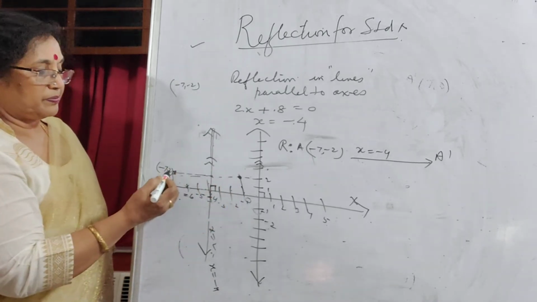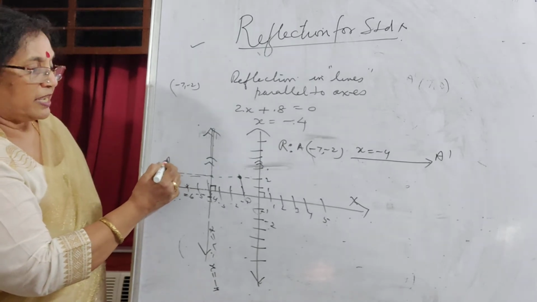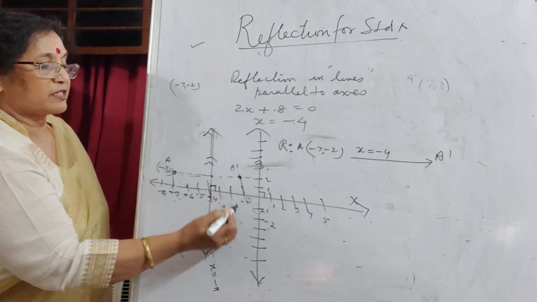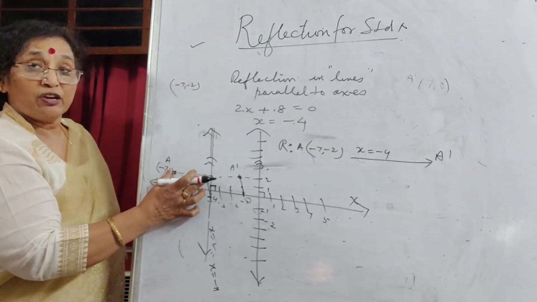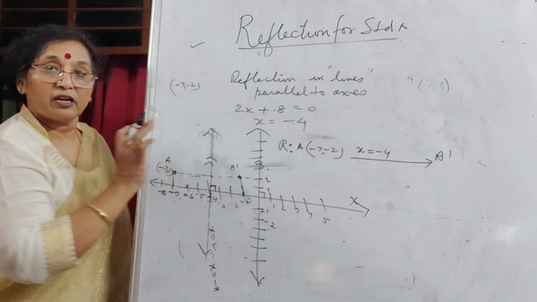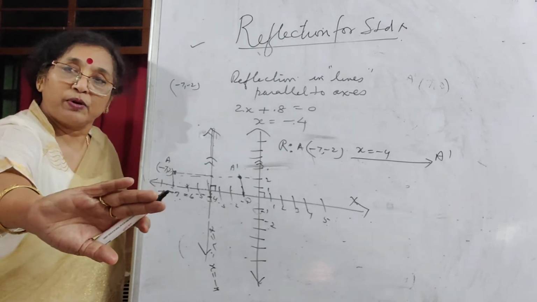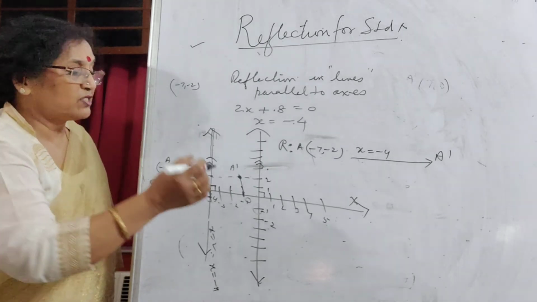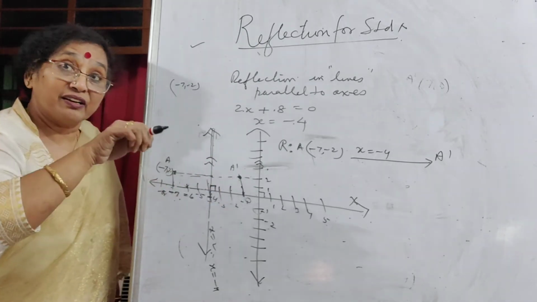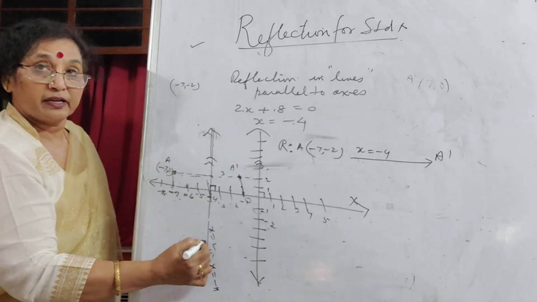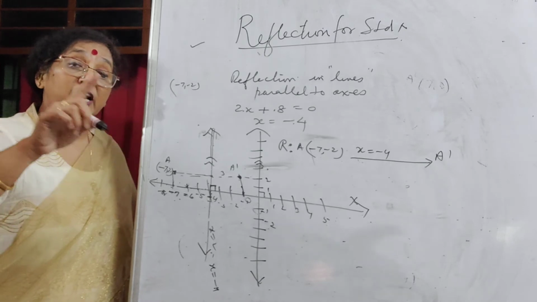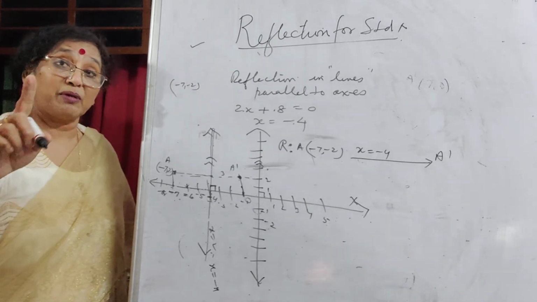Here is the image. So what is the point? A. So here is your A dash. So that has come where? 3 units here, 3 units here. You went magnitude wise. Now you have to write the coordinates of this point. Position. Distance is 3 units from this line, so the coordinate will not be 3 and -2 or -3 and -2.